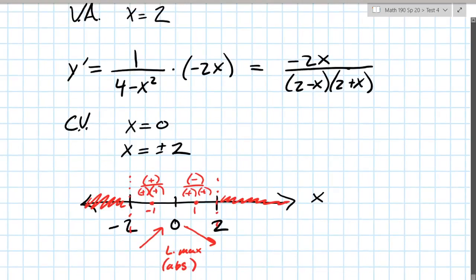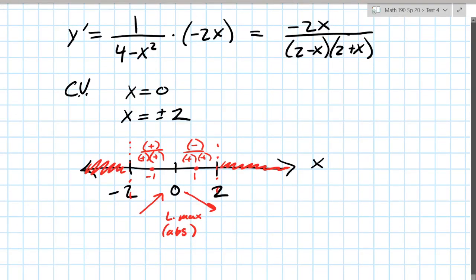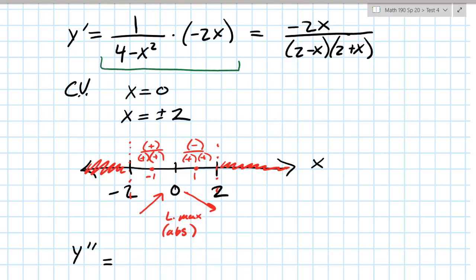Our next job is to find the second derivative. So for the second derivative, I'm going to use the first line here to find it, since then I can avoid the product rule in the denominator.